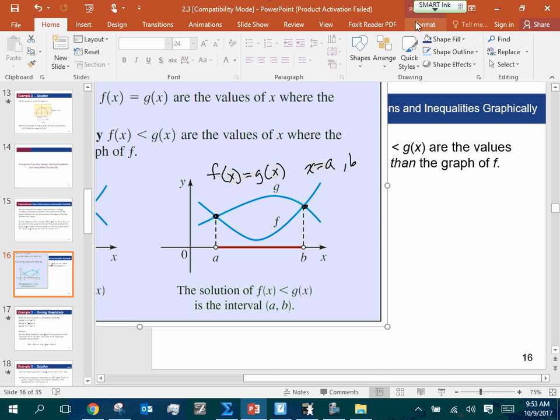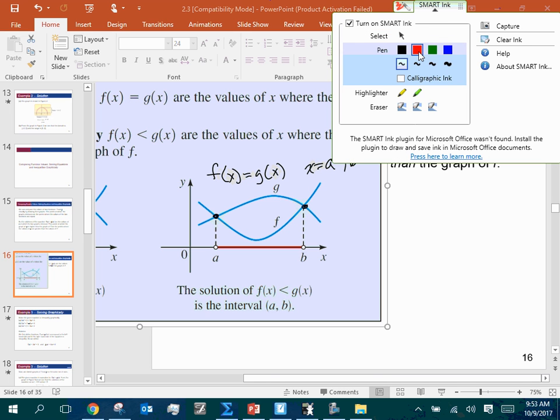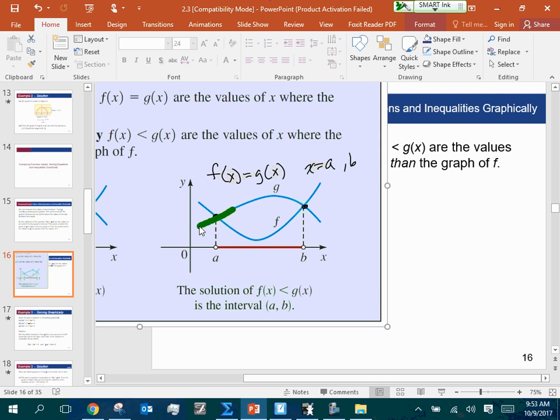But usually we want to know how they are unequal. So let's color one of these green. Say I want to know between A and B, which function has y values that are bigger?